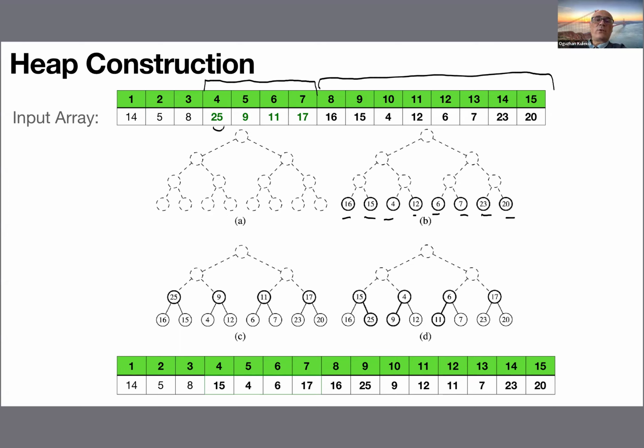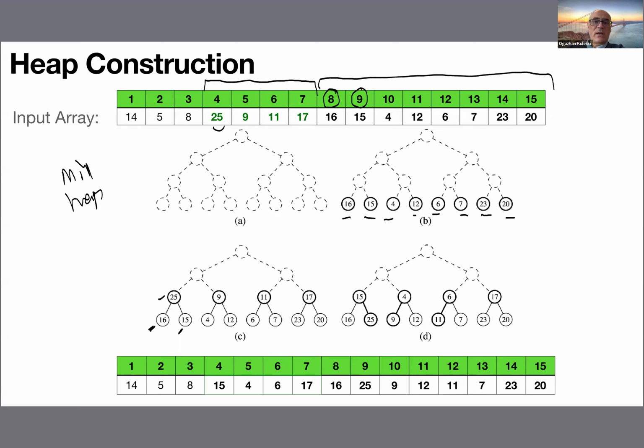25 at position 4 is the parent of the elements at position 8 and 9. Why? Because 2 times 4 is equal to 8, and 2 times 4 plus 1 is equal to 9. That means 25 is the parent of 16 and 15. Now I'm creating a min heap, so the parent should be less than their children.